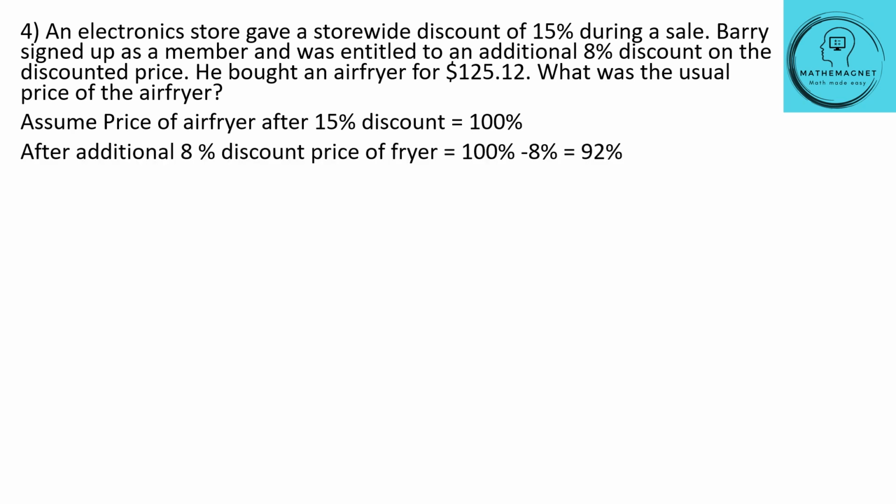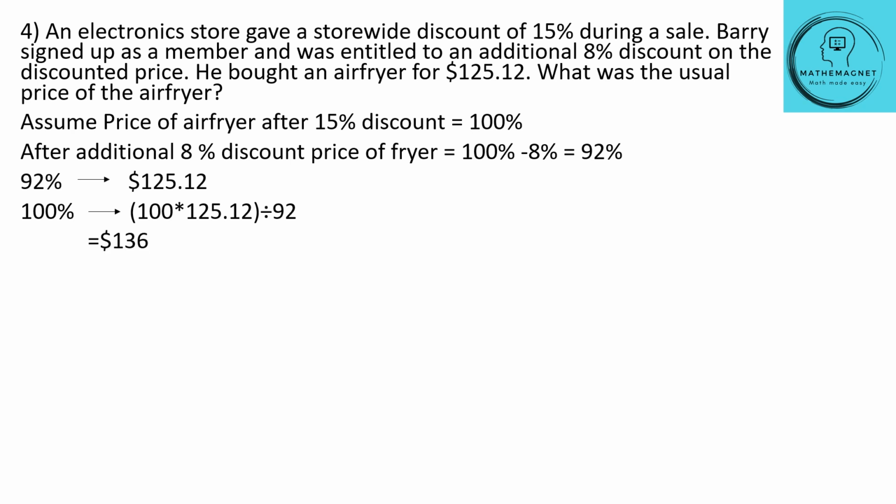After the additional 8% discount, it becomes 92%. So now 92% is $125.12. How much is 100%? 100% will be 100 into 125.12 divided by 92. This will be equal to $136.